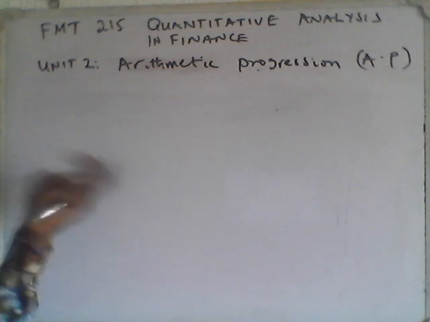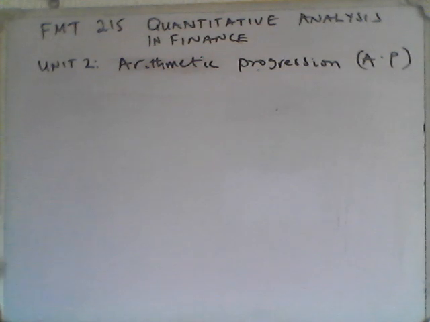Examples include straight line depreciation and annual salary increment. In such problems, there are three parameters: the initial value, the constant increment, and the number of periods incurred. These parameters allow you to determine the value of the AP at any time and also the sum of the AP, and the use of the AP model gives a concise solution to problems in finance.